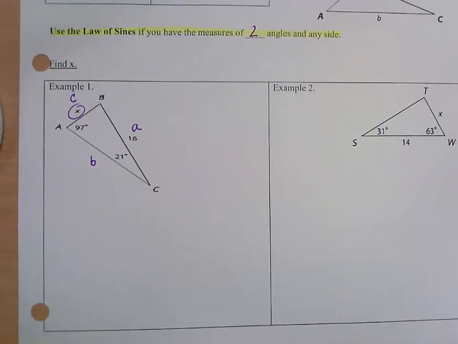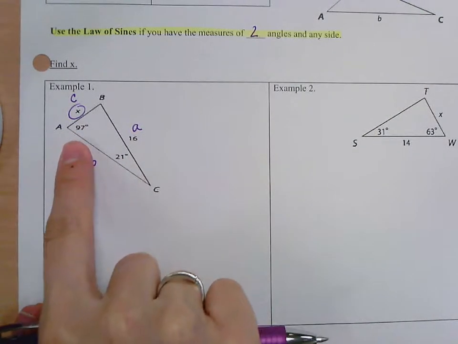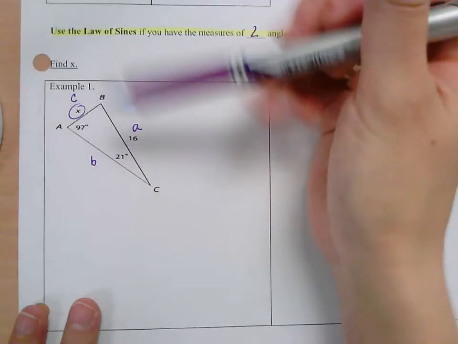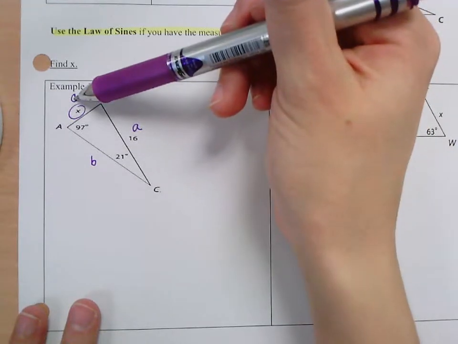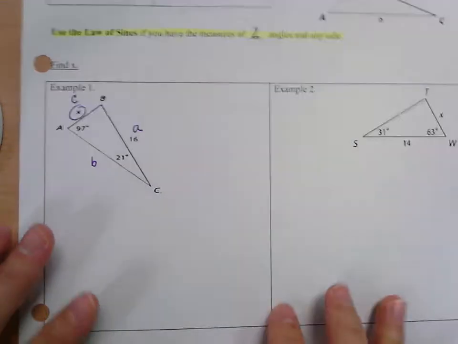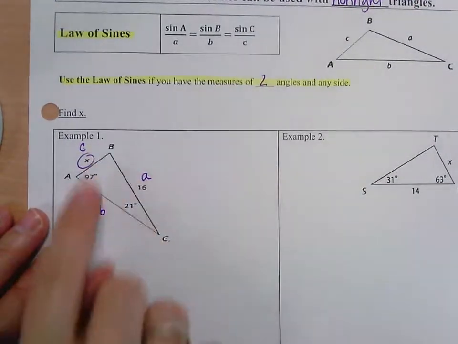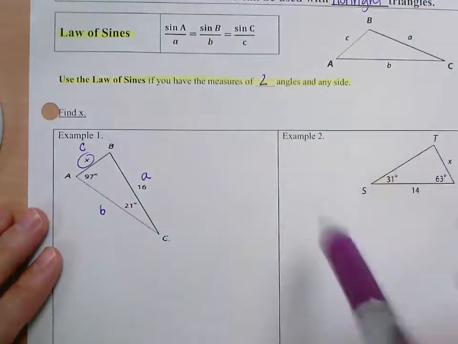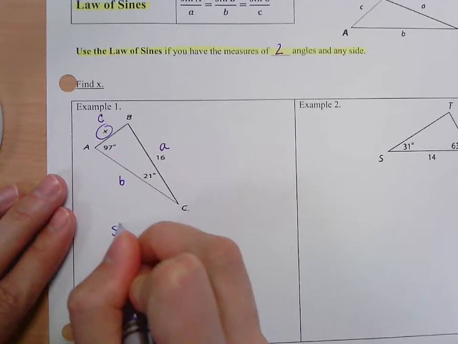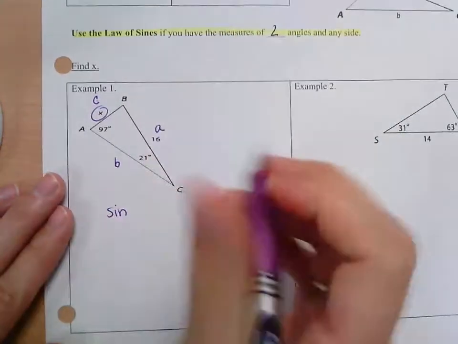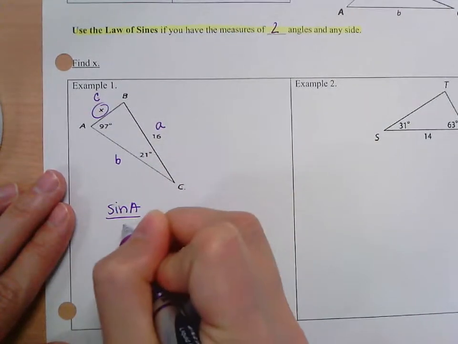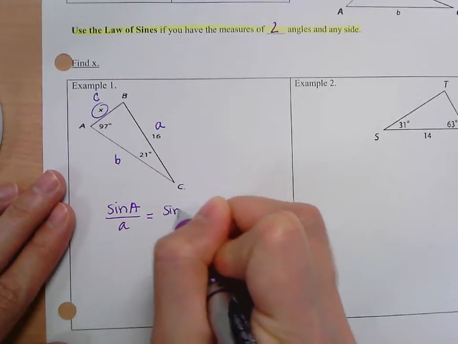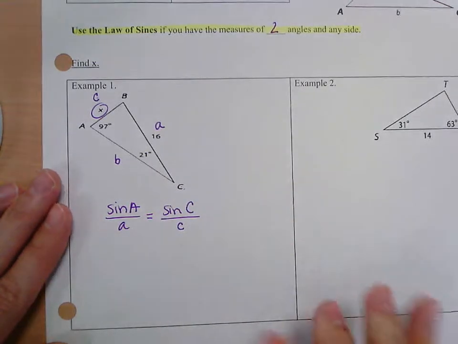You have to have at least one full ratio, meaning you need at least one angle and its opposite side, which we have. We have angle A and side a, and then we have angle C, and we're looking for side c. Based on how this is labeled, I'm going to set these two ratios equal to each other. I'm just going to write this down first: sine of A over a should equal sine of C over c.